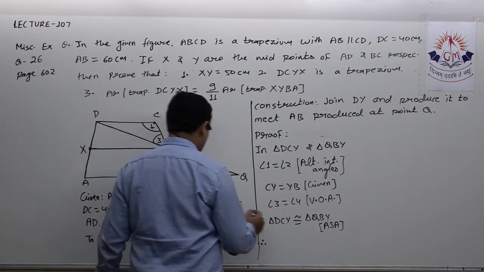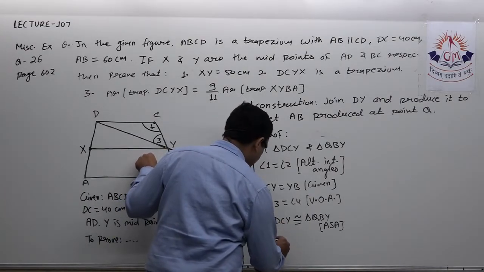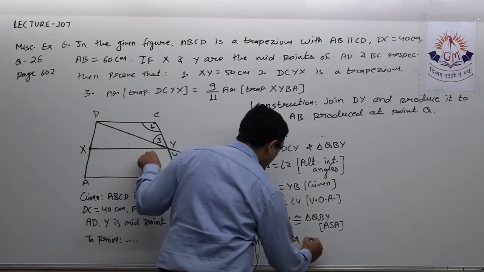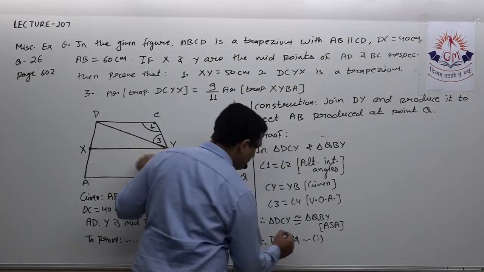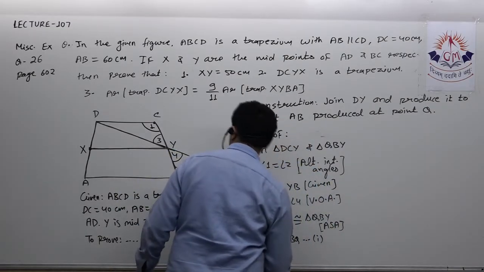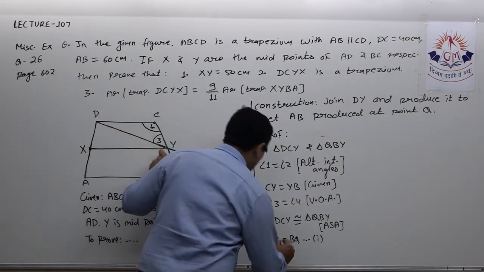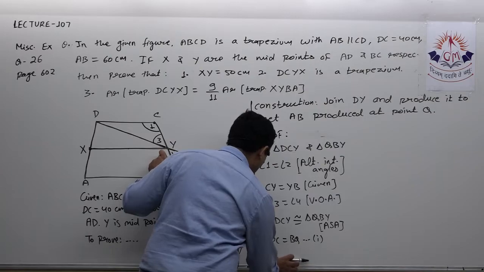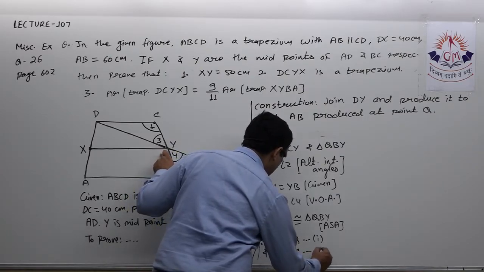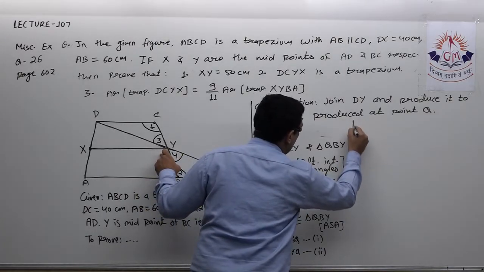So therefore DC is equal to BQ, let it be first, and DY is equal to YQ, let it be second. I hope this is clear to you up to this point.